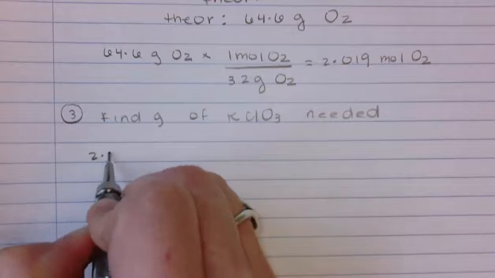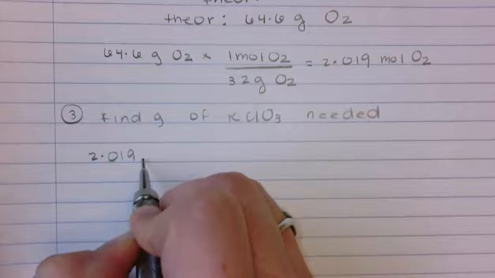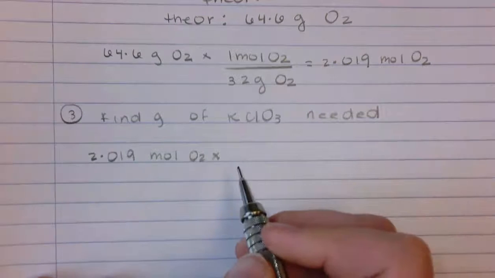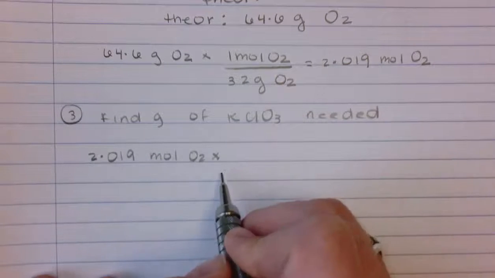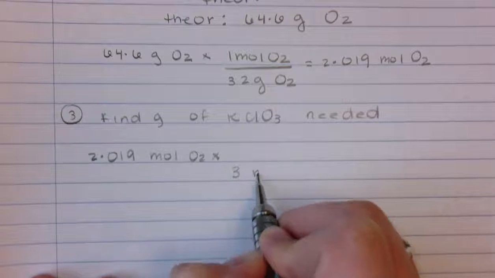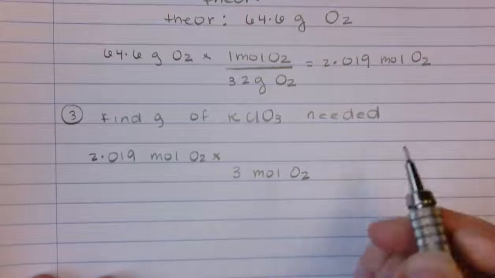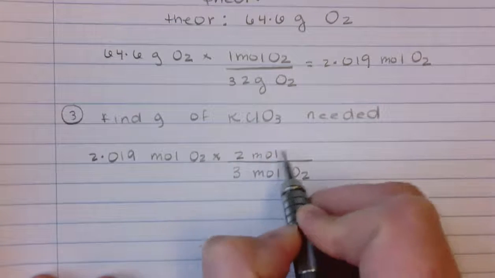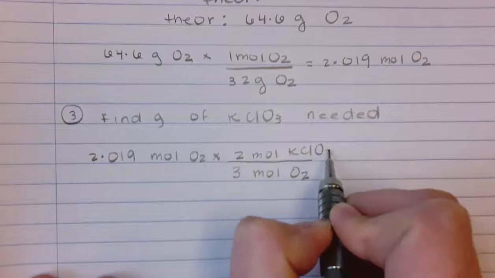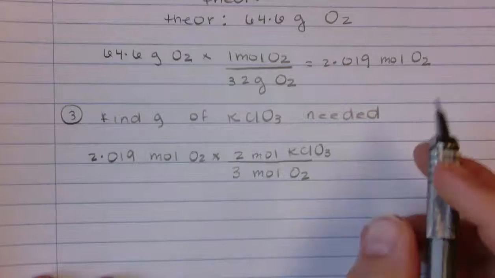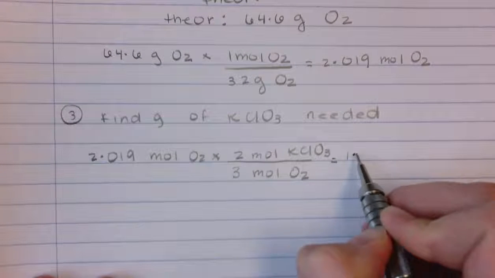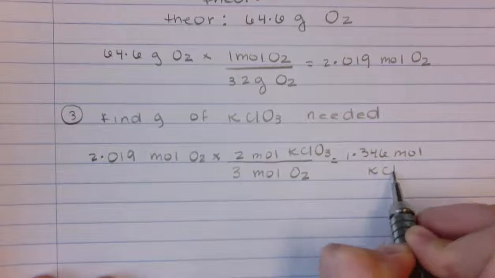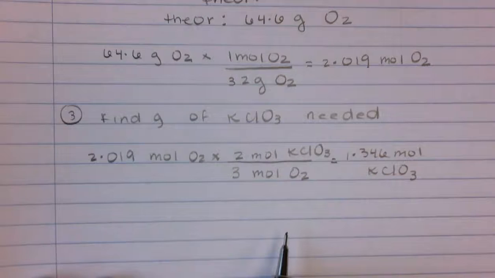So we have 2.019 moles of oxygen, and we can convert this to moles of potassium chlorate based on our balanced equation above, which says that for every 3 moles of oxygen that are produced, 2 moles of potassium chlorate are consumed. So using that relationship, we get that we need 1.346 moles of potassium chlorate.